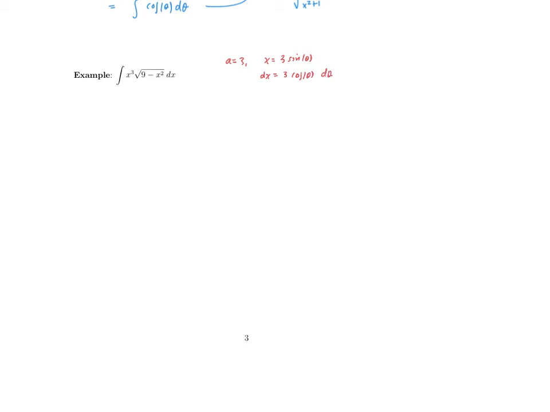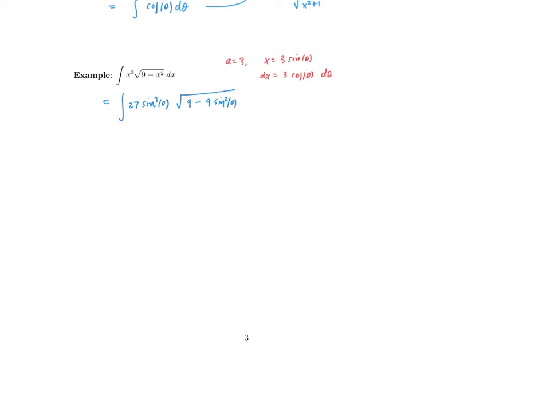So rewriting our integrand, we'll have x cubed. When x gets cubed, there's a 3 cubed, so 27 sine cubed theta. Then we have the square root of 9 minus x squared, which is 9 sine squared theta.